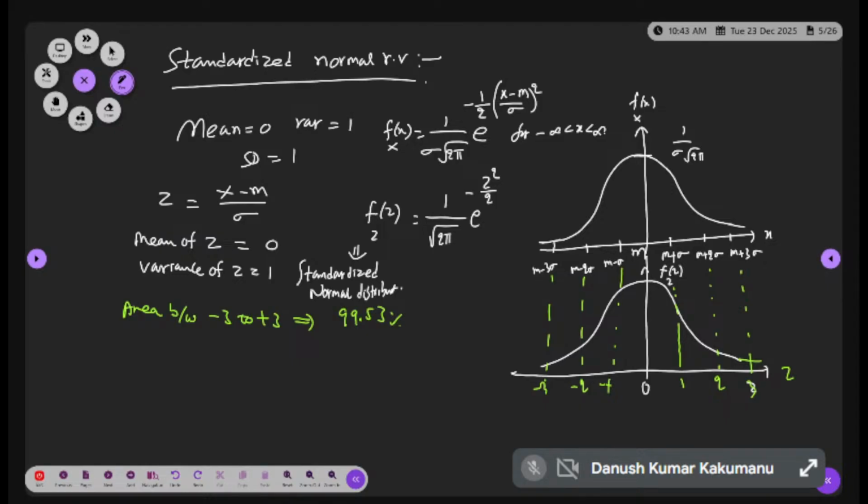Remaining properties are all the same. Area under this distribution is also 1. Symmetrical about the y-axis and bell-shaped curve. Here the z-axis is assumed like that. Every property is the same. It is also an approximate model for all other distributions. Which distribution has mean, mode, median all equal? The normal distribution.